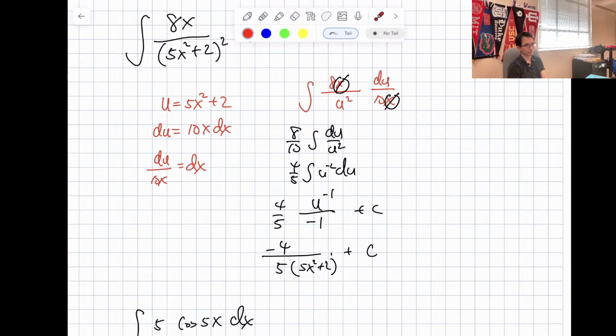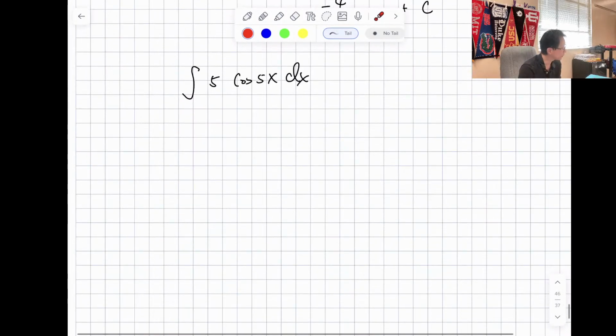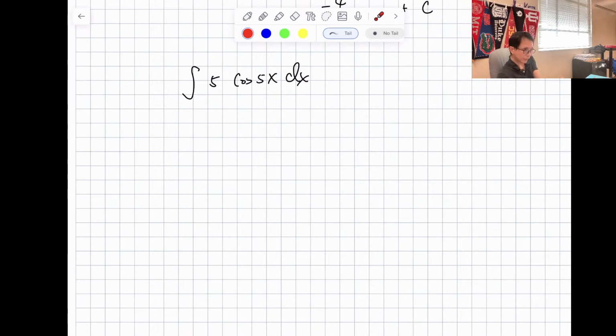Now the integral of 5 cosine 5x. Wait, du is just 5.